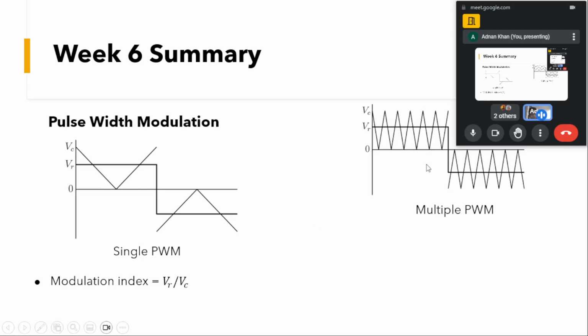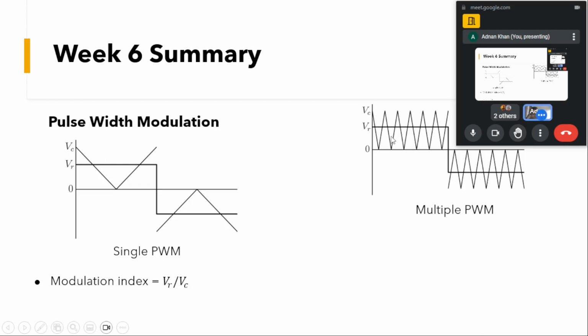Now we can see the multiple PWM, where the concept is the same. For the positive, whenever VR is greater than VC, we'll be turning on our devices. So we'll have a 0 here, then VDC, with multiple pulses in the positive and multiple pulses in the negative.